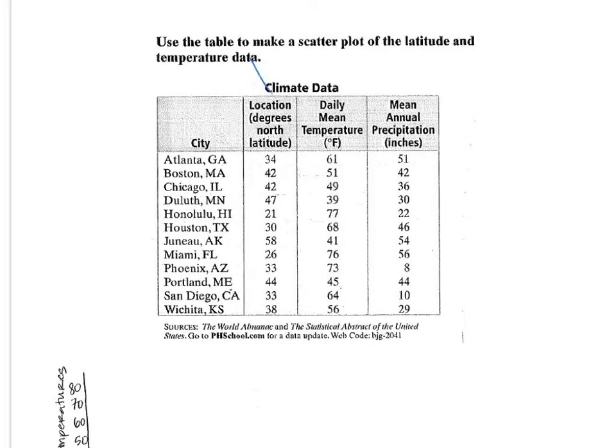So this is going to be your x value. And we're going to make 2 scatter plots. One where it's going to be the daily average or mean temperature, and one is going to be precipitation, so rainfall. So we're going to see if there is a relationship of location and what temperature it is.